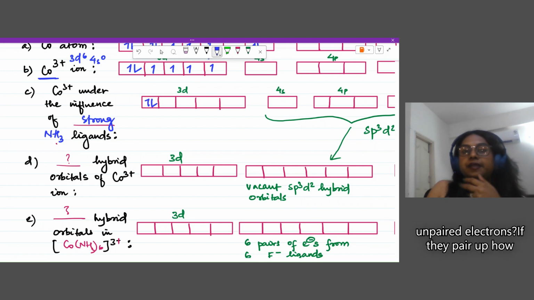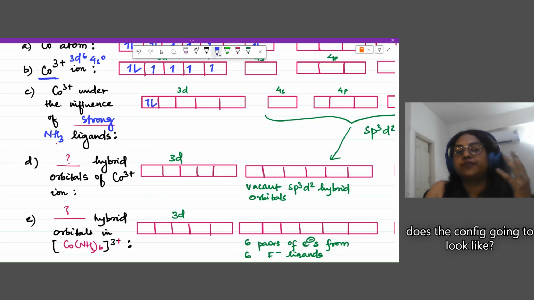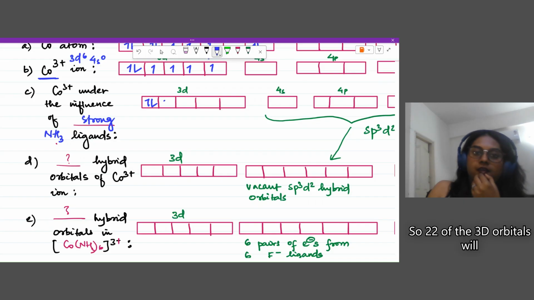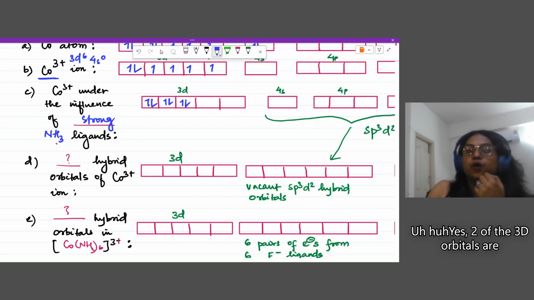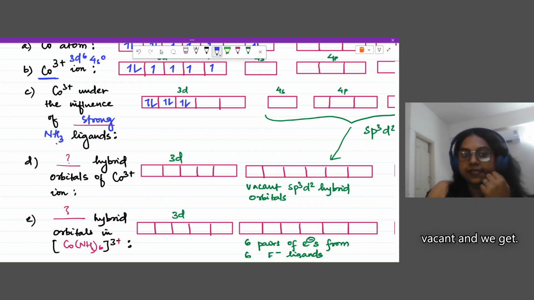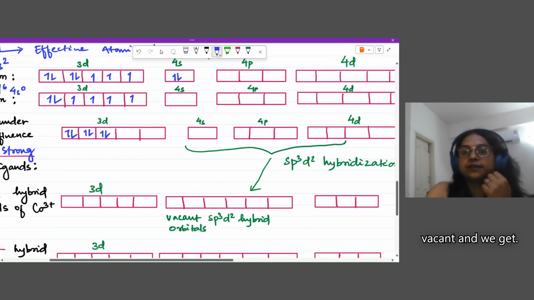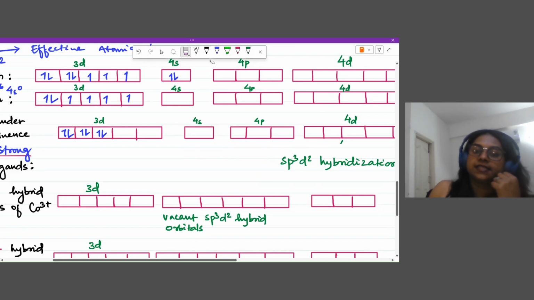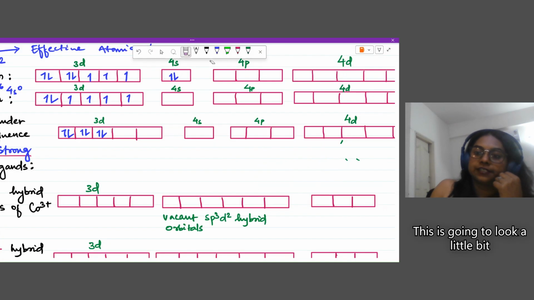What about the four unpaired electrons? If they pair up, how is the configuration going to look? So two of the 3d orbitals will be vacant. This is going to look a little bit different.